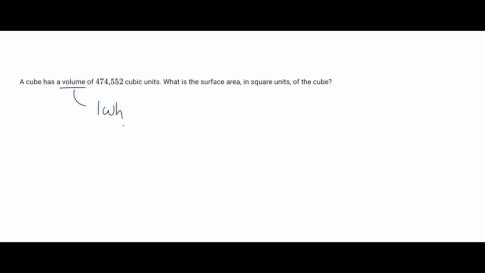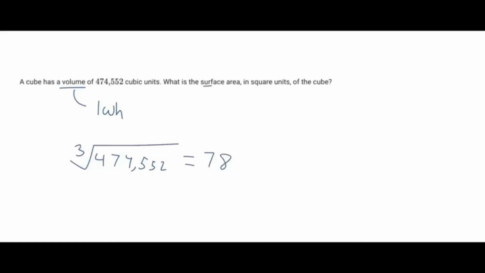Therefore, in order to find the actual values of either the length, width, or height, we can just take the cube root of the volume, which is 474,552. That will give us a value of 78, all right? So 78 is just the side length of each of the sides.